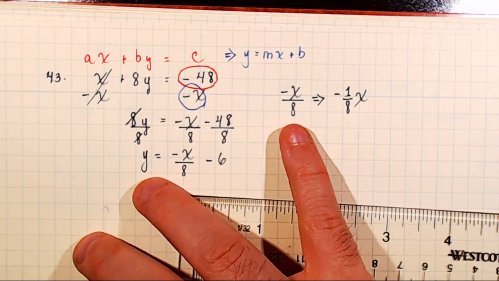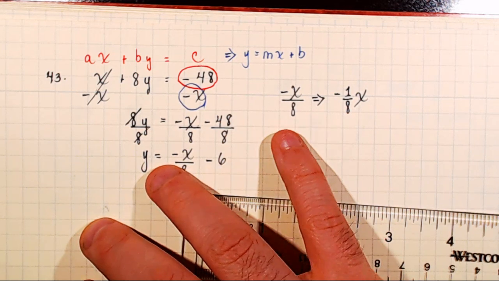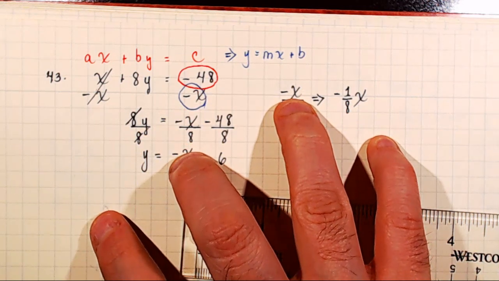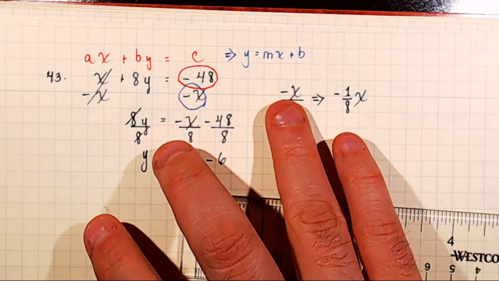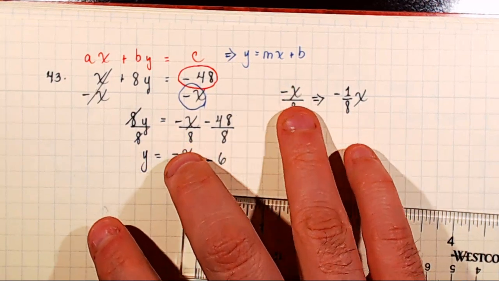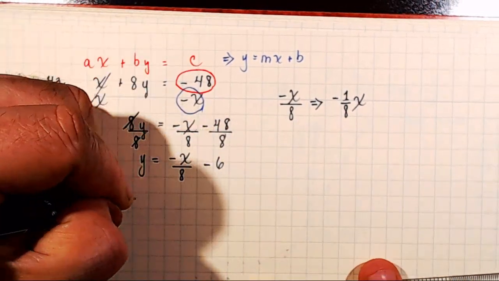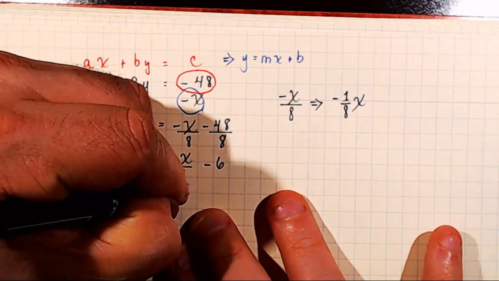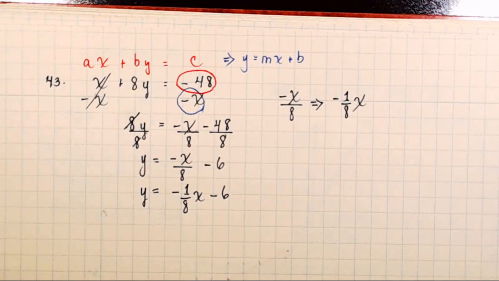If it had been negative 3x over 8, then I would have written negative 3/8 times x. In this case, there's just the variable in the numerator, so that's like a negative 1x. So I factor out a negative 1 in the numerator and an 8 in the denominator, leaving negative 1/8 times x. So I can rewrite this as y equals negative 1 over 8 x minus 6.